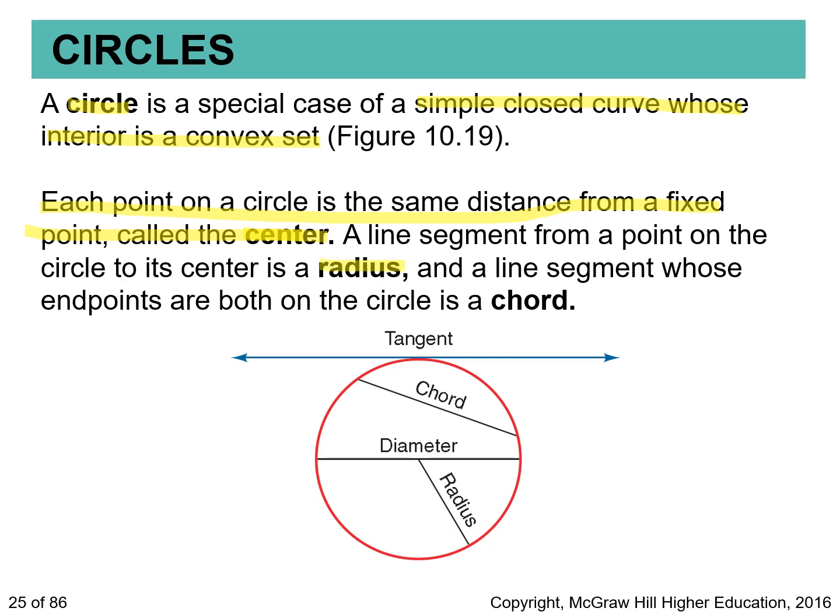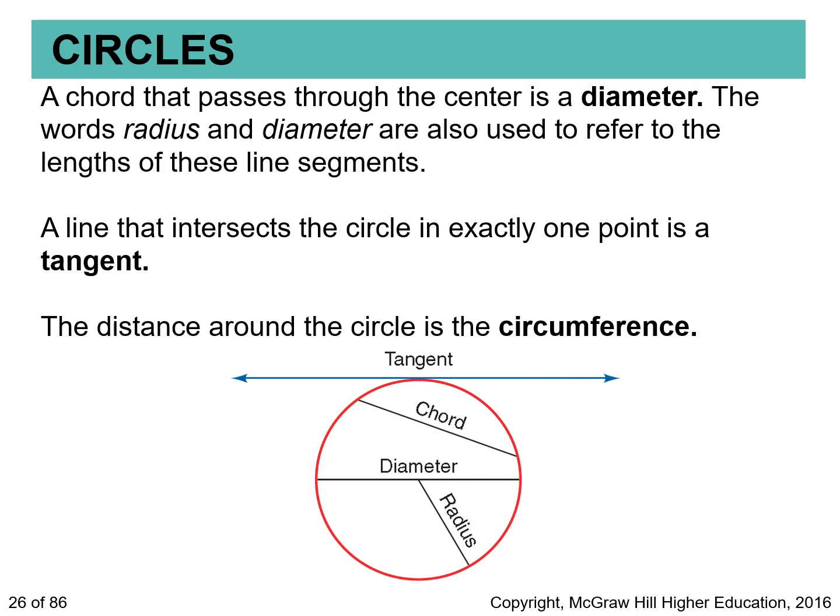Then we have the radius, which is halfway across the circle. A chord, which goes anywhere from side to side on the circle. Then we have a diameter, which goes from side to side, so it is a chord, but it also goes through the center, so it's a special chord.